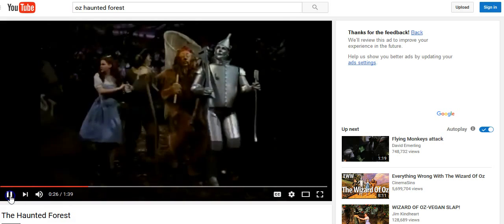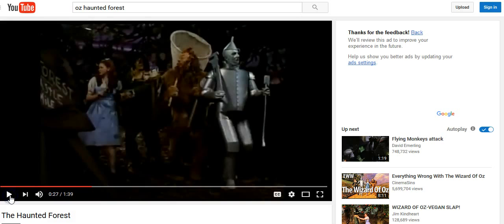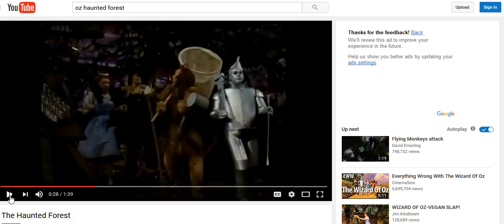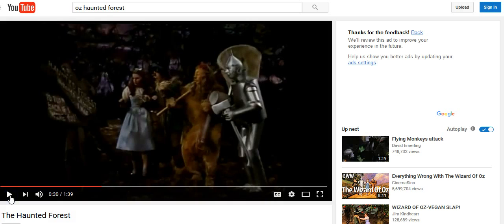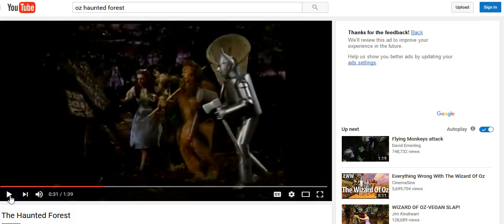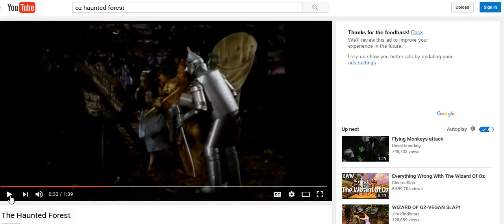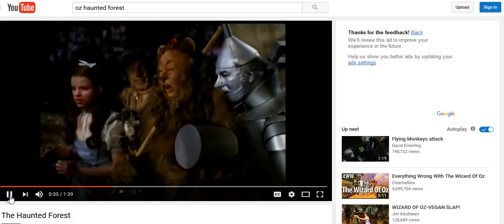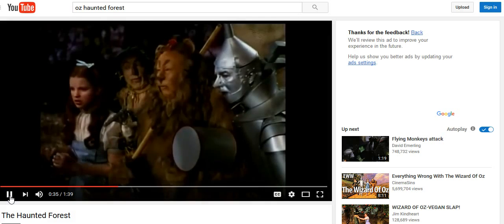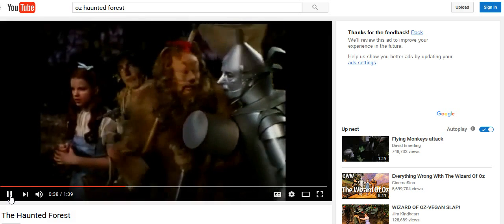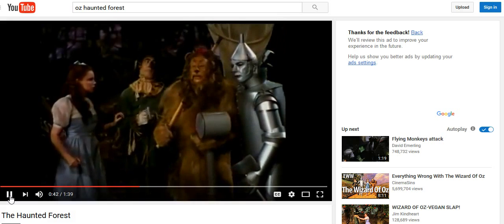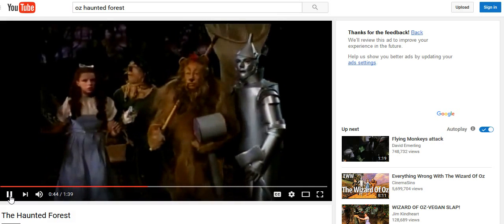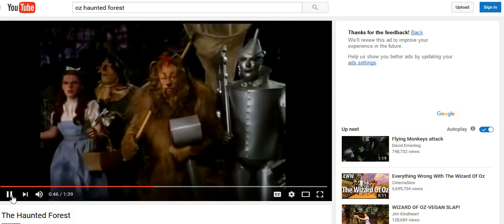Watch as they approach. Watch Dorothy's right arm. It goes straight to the sign. And then the scene is over. And then the lion proceeds to try to escape, and they bring the lion back. Again, you can clearly see the gun.